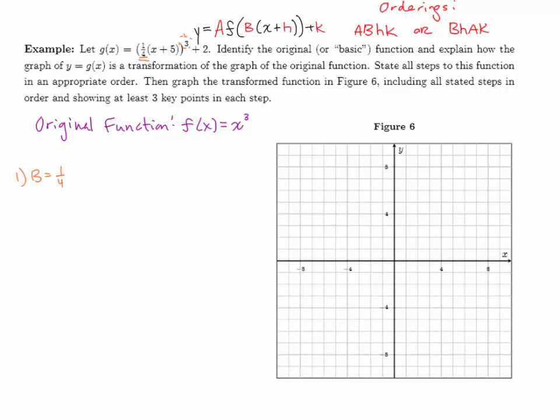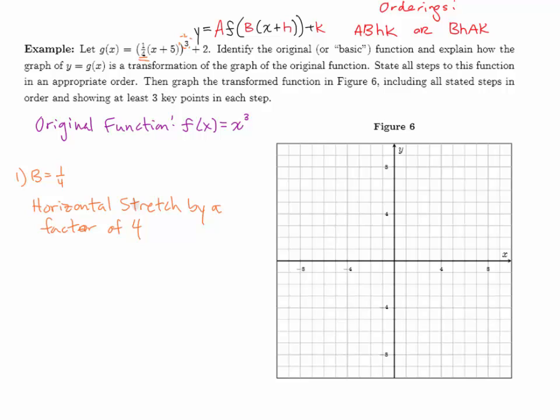And that will cause a horizontal stretch by a factor of 4. And we know that it's a factor of 4 based on 1 over 1/4. We always take the reciprocal. Okay, so that'll be our first step.